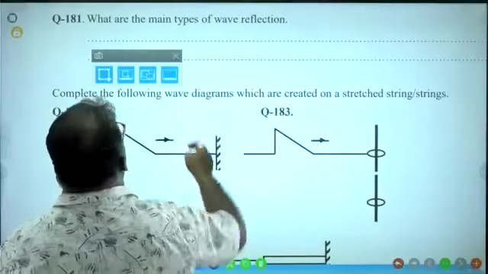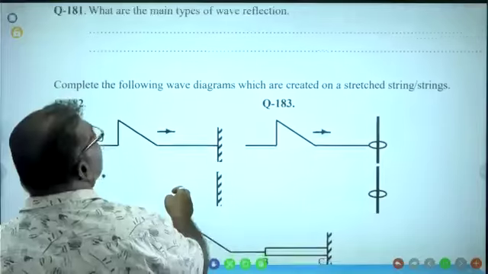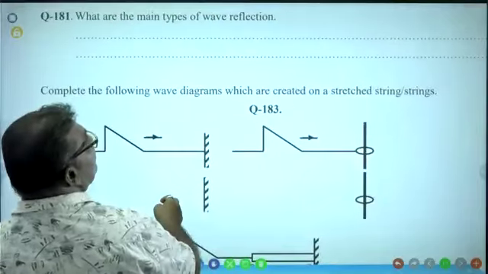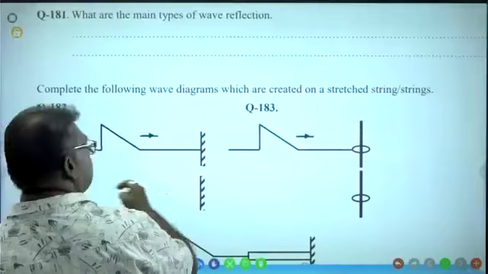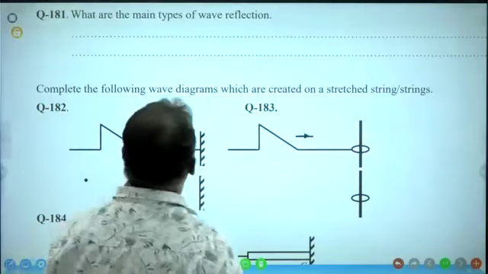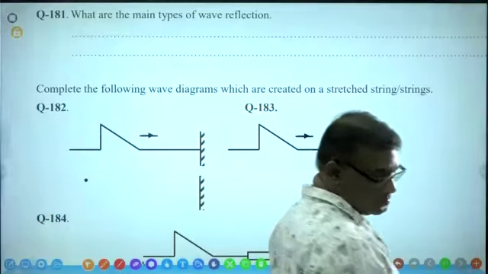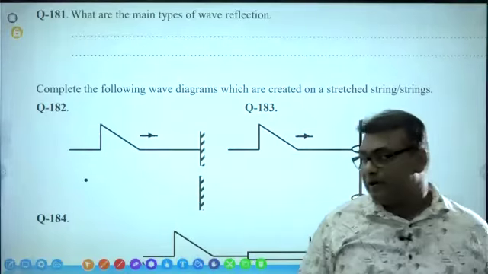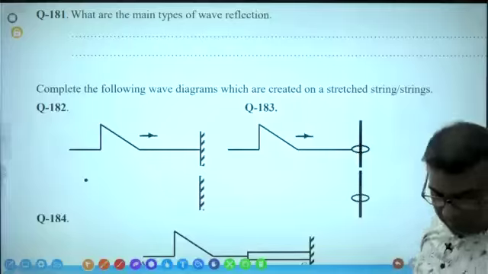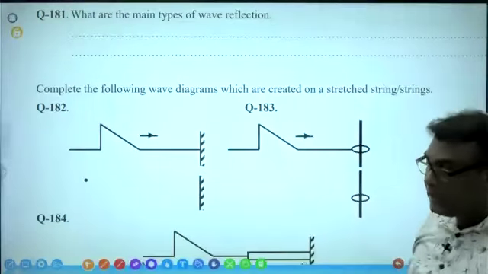Okay. What are the main types of wave reflections? Main types of wave reflection. Right then, first, inverted reflection. Second one, non-inverted reflection.